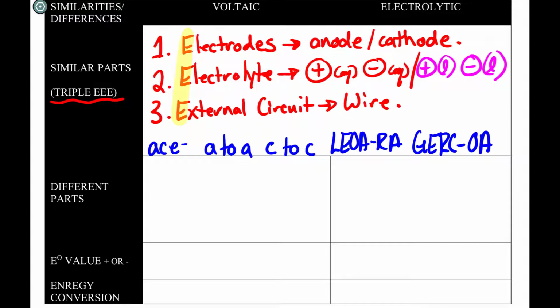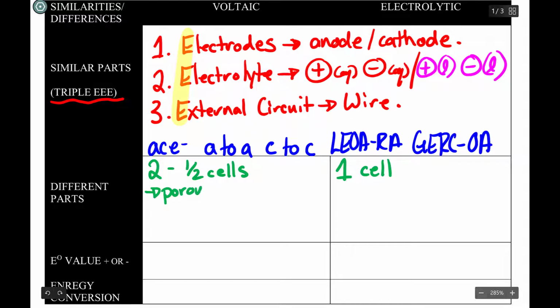Now let's talk about different parts. Now a voltaic cell will have two half cells, whereas an electrolytic cell will just have one cell. Now in order to have two half cells, you have to have some kind of porous divider. So I'm going to say a cup, plug, membrane, salt bridge, U-tube.